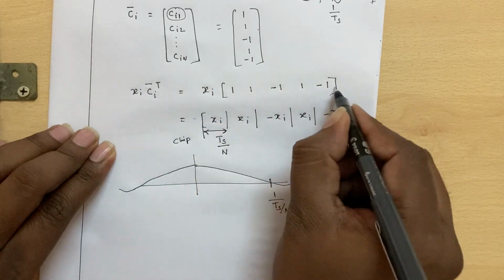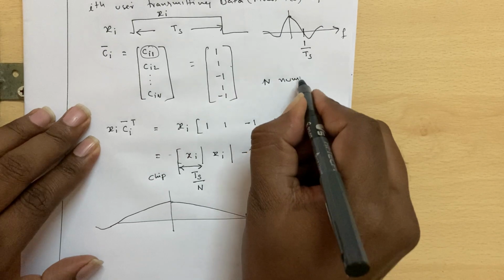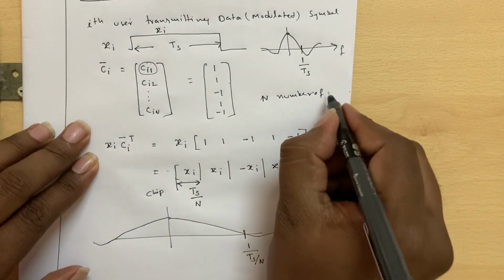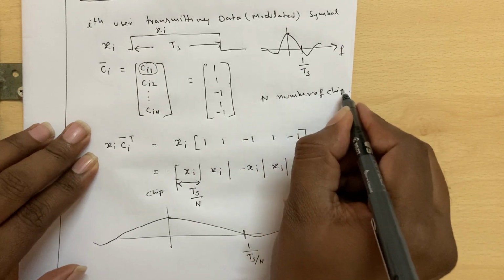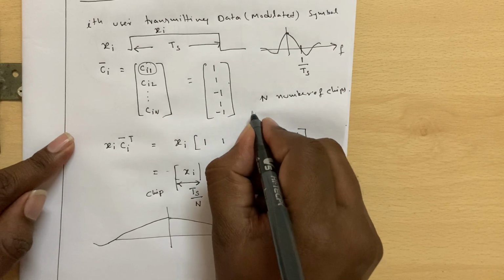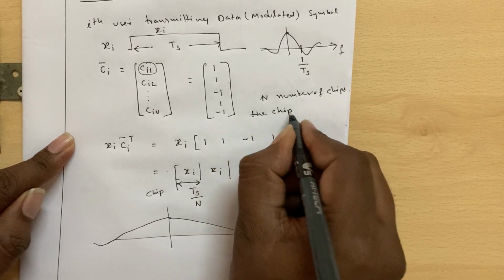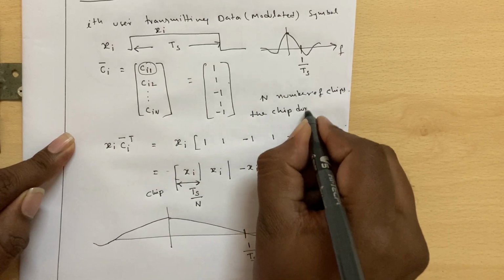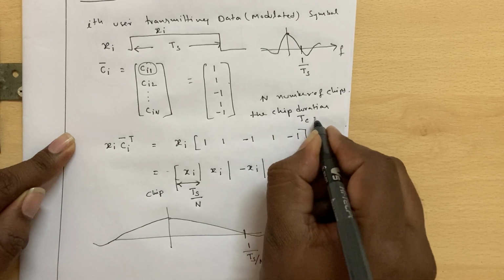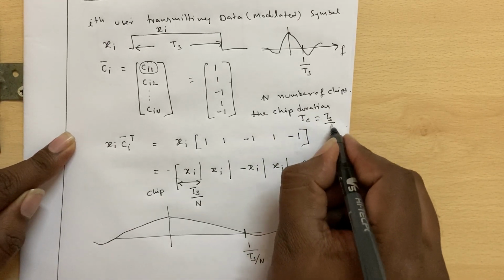Each code word will have n number of chips, and the chip duration, since we are not talking about symbol duration now, is Tc, which is equal to Ts by n.